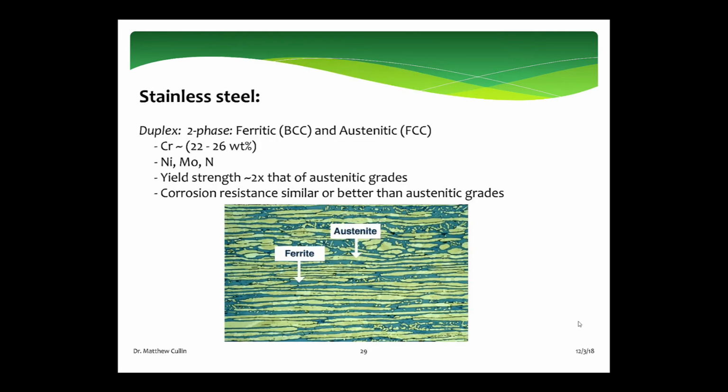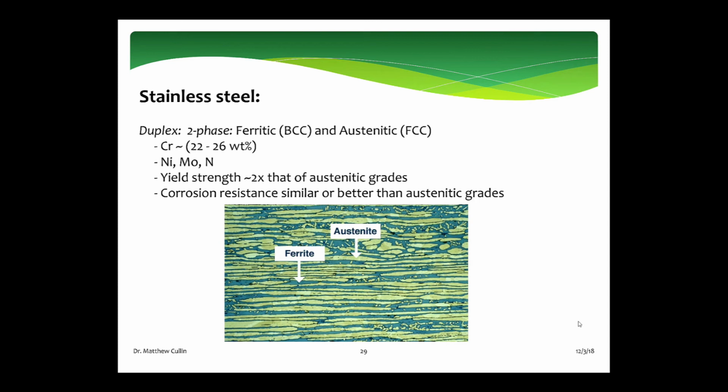Duplex stainless steels. Duplex stainless steels have become more and more popular recently, and they're very popular in oil and gas. The microstructure of a duplex stainless steel consists of both ferrite and austenite, so we get a duplex structure. There are two microstructures, and usually what we're shooting for is 50% austenite, 50% ferrite.